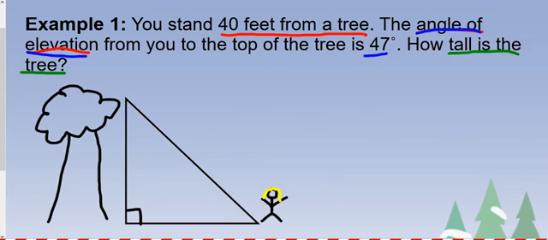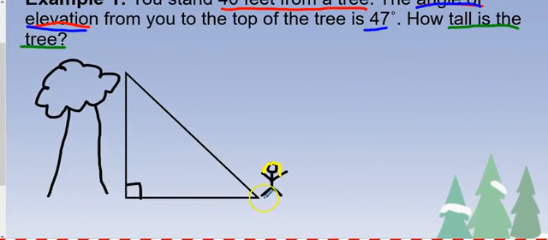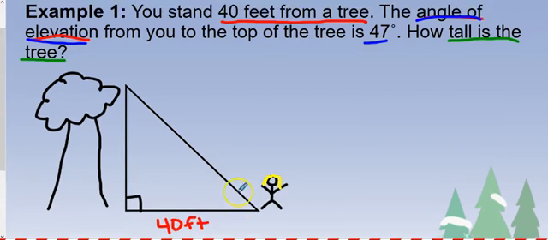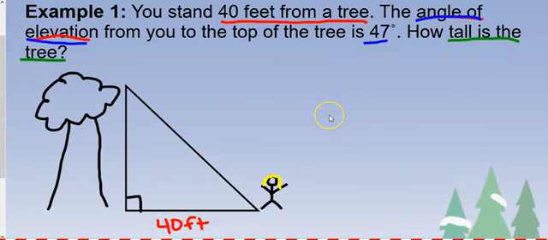Now it says that I am standing 40 feet from the tree. So here's me and here's the tree. So right along the bottom is where I'm going to put my 40 feet. Okay, we've dealt with the information in red. I'm going to switch to blue. It says the angle of elevation is 47 degrees from the top of the tree.